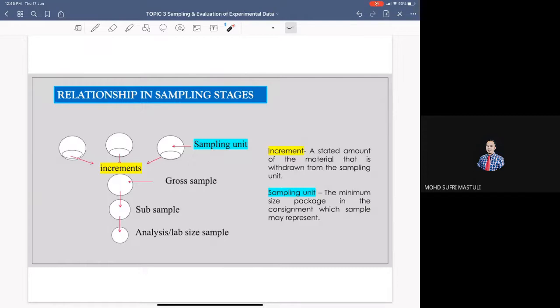We reduce it until we obtain the lab size sample. The sampling unit is the minimum size of package in the consignment which a sample may represent.